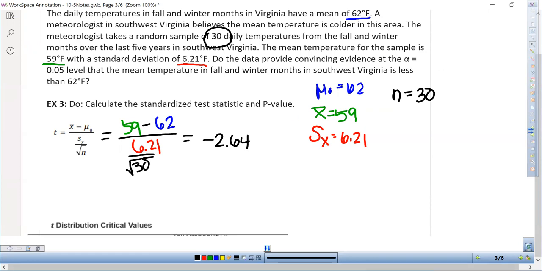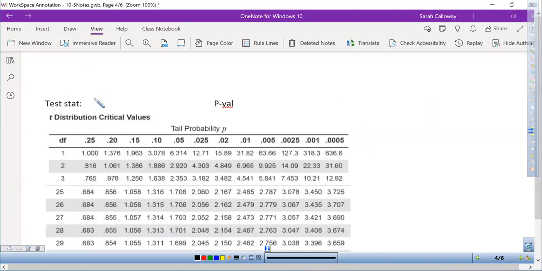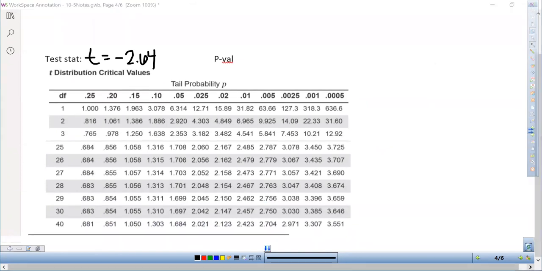So I'm going to go to the next slide and look at the T chart. So we got a test statistic of T equals negative 2.64. Remember that with the T's, I only have positive values and I'm looking inside this area for that value. So I want to look for two things.